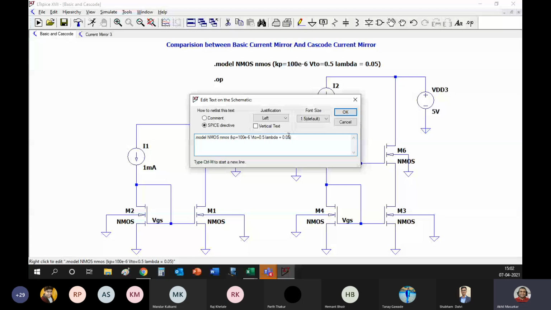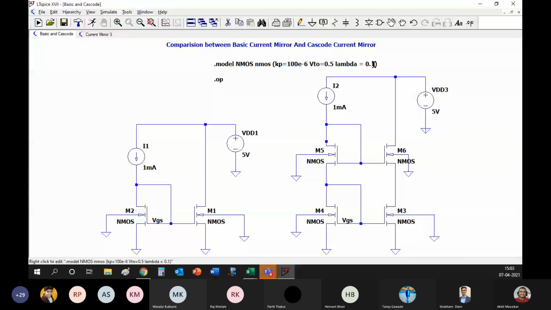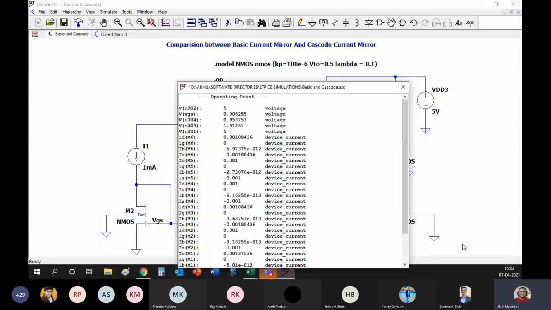Lambda, you can see now, is 0.1. I have doubled the value of lambda. Now I am simulating this again. Again you check what happens to M1 and M2, and again what happens to M3 and M4.